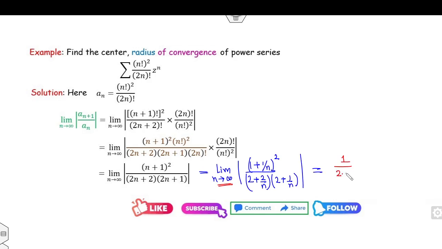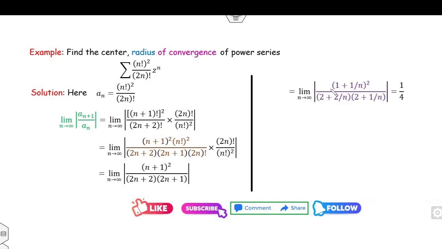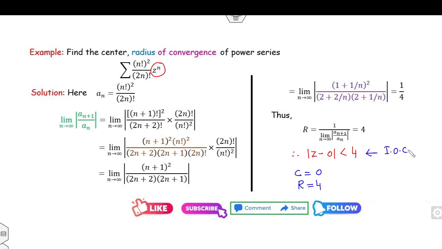It is 1 over 2 into 2, that is 1 over 4. So I can substitute the value in the value of r, and you will get 4. Again you can find the interval of convergence, |z minus 0| less than 4. Again you can see the coefficient is 1, center is 0, radius is 4, and this value is my interval of convergence.